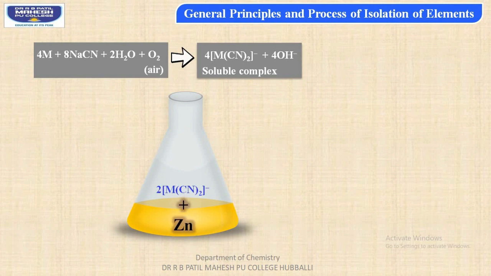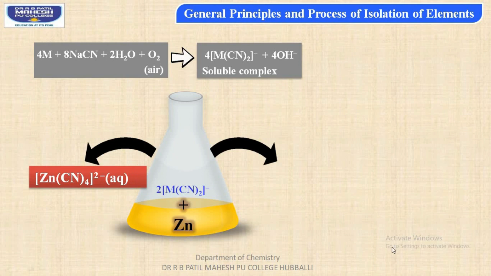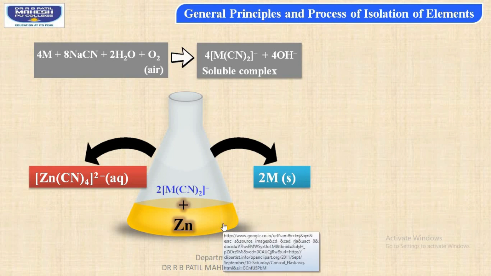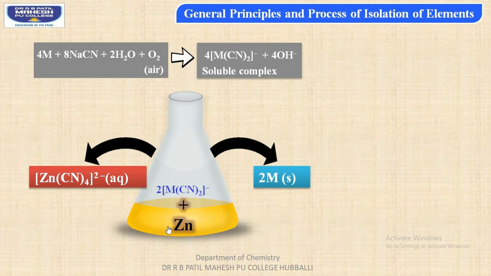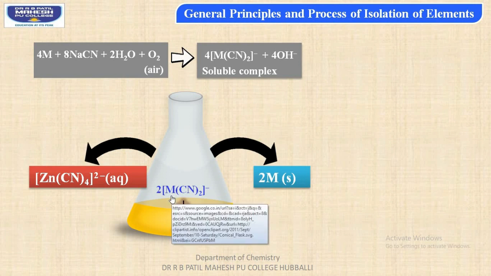So if we add zinc metal, then very easily zinc would be forming the complex by means of displacement, whereas the metal would be precipitated out. So here, students, zinc is more reactive when compared with metals such as gold or else silver.